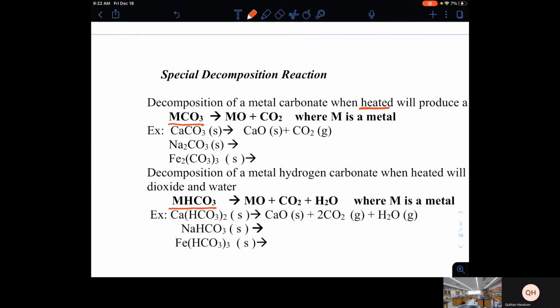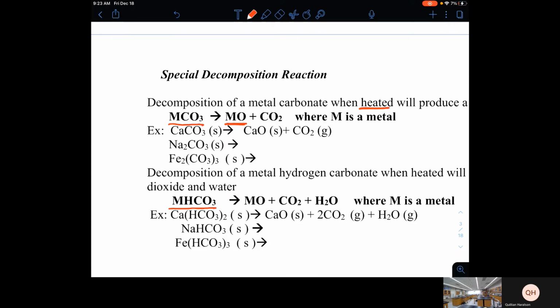Now, I'm telling you that if you have a metal carbonate and it is being heated, it is going to produce a metal oxide. And that's why you see the M there and also the O. So there goes my metal oxide. Keep in mind that that metal oxide is being put together based upon charges.